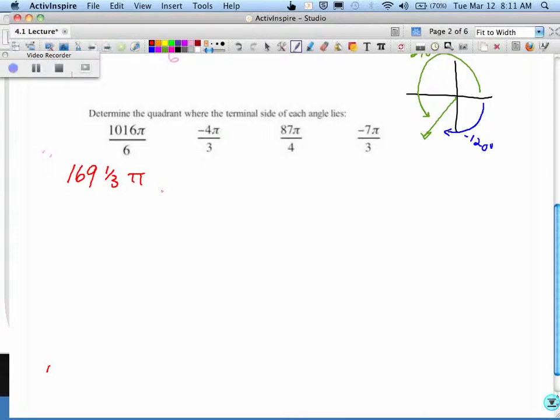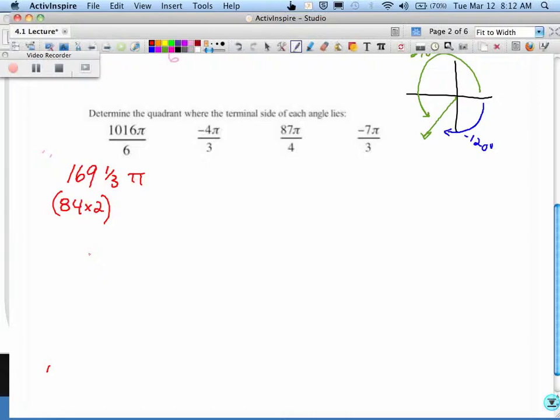How many of those pi are you going to use up every time you spin around the circle? 2, right? To go around the circle, the whole thing is using up 2 pi. So how many 2's fit into 169? 84. So this is like 84 times 2, which uses up 168.